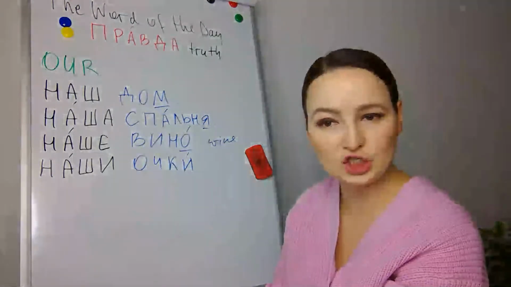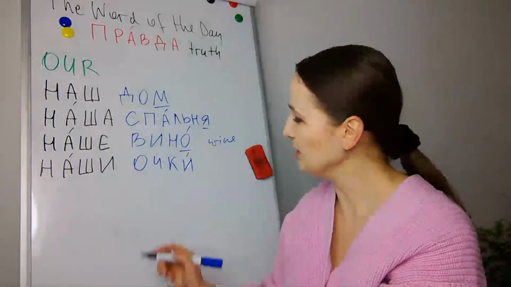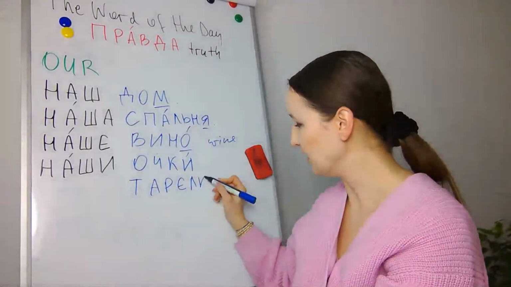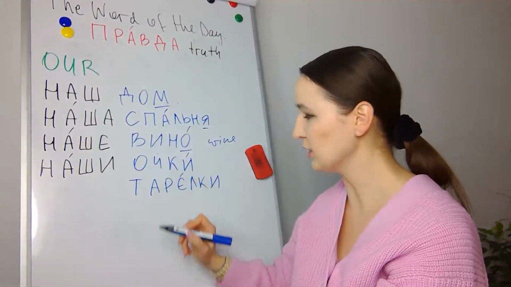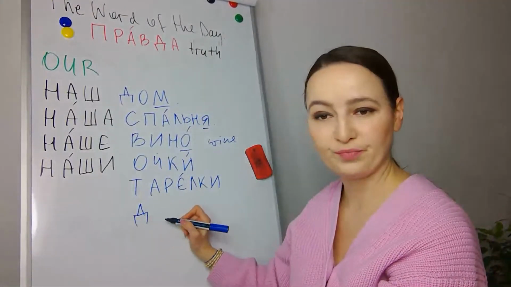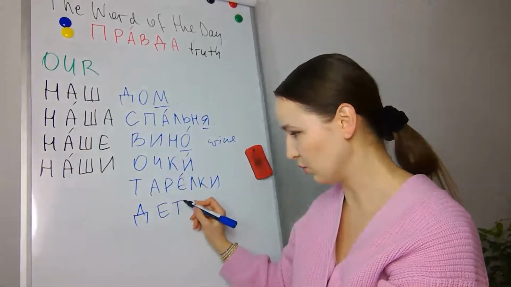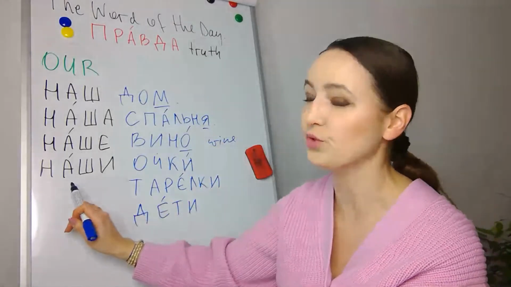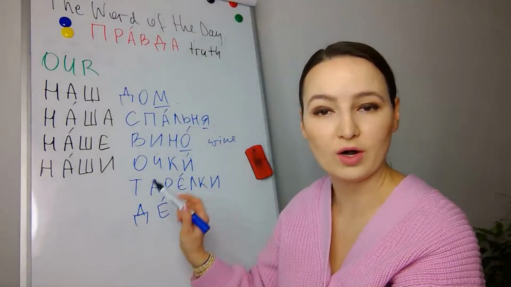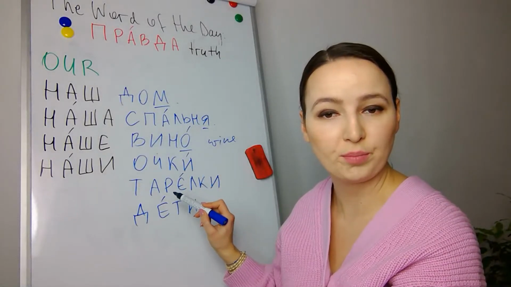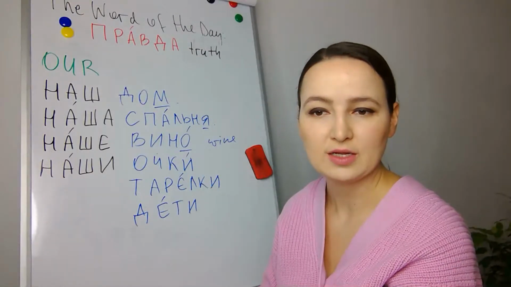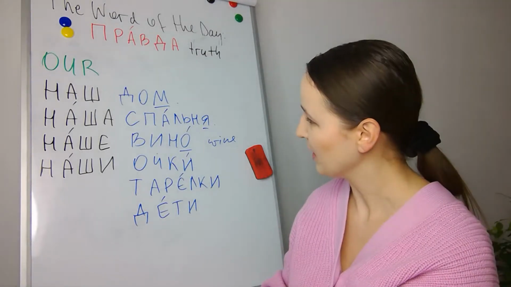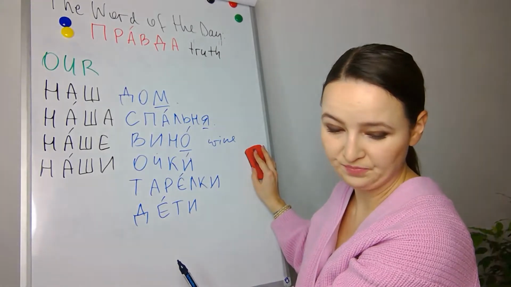Наши тарелки. Тарелки means plates. Дети means children. These nouns are in plural, so use наши: our eyeglasses, our plates, our children. Наши кошки. Yes, our cats. Отлично. Пойдем дальше.